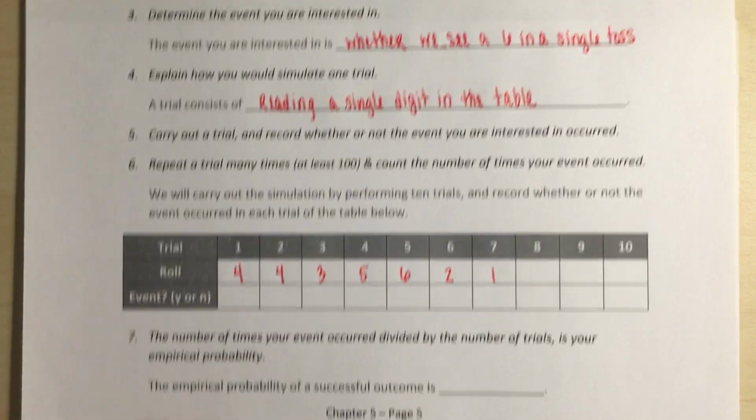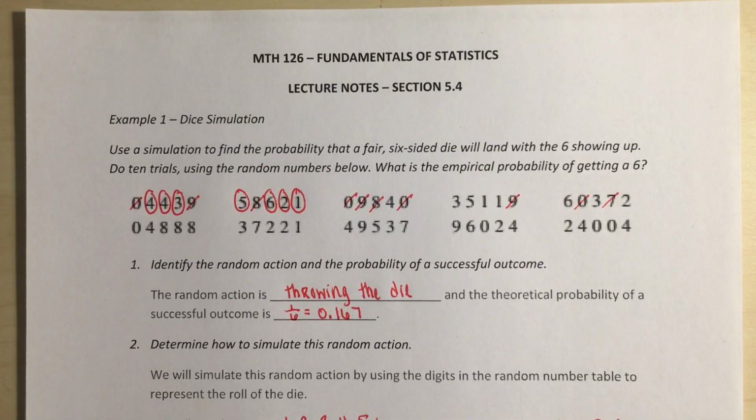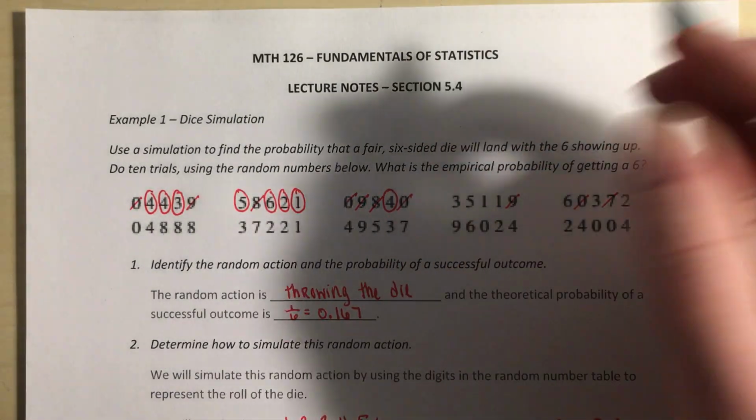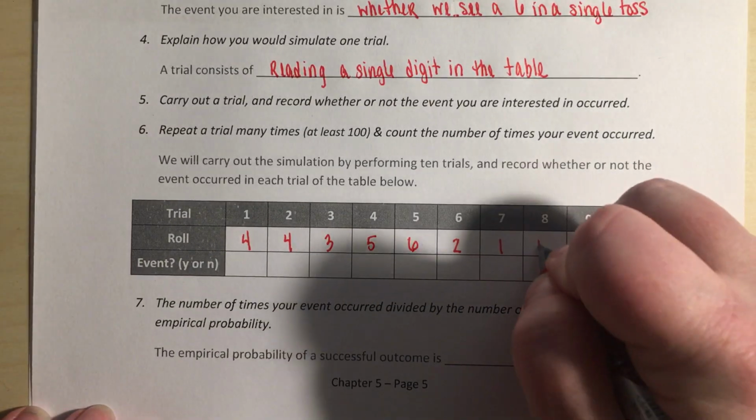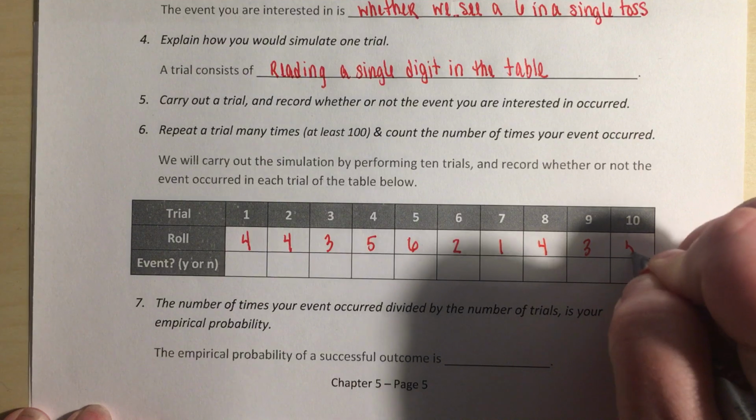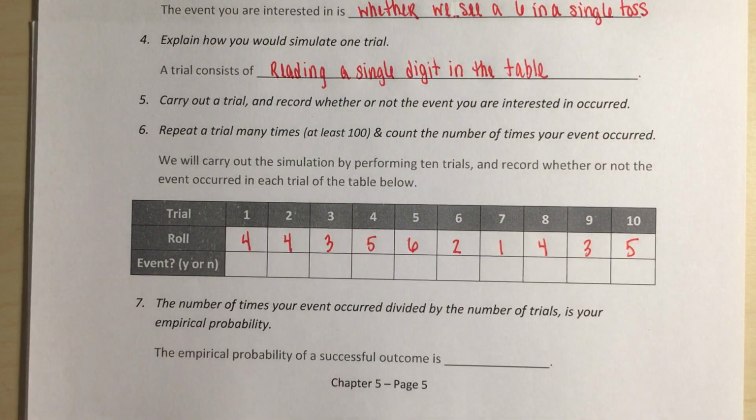And then we just need 3 more. So we're going to have 4, 3, and 5. All right, so from our simulation, we just used the digits 1 through 6, and we started at the beginning and used the first ones. We got rid of anything that was a 0, 7, 8, or 9 because that didn't represent a number on our 6-sided die.